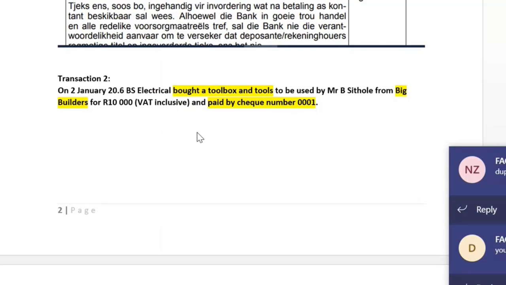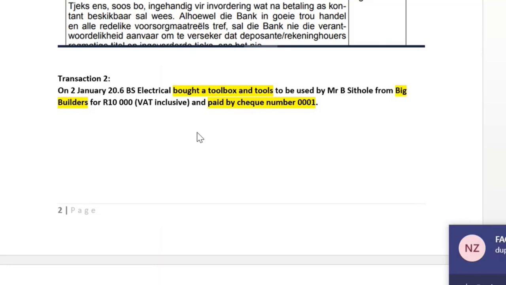The auditors won't take a receipt. The auditors want to see the original tax invoice, detailing that what was bought was a toolbox and tools, and also determining the invoice amount, which is 10,000. The auditors won't take the receipt as proof that you bought a toolbox and tools.